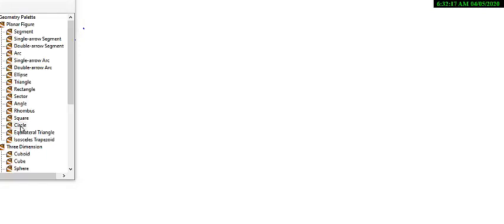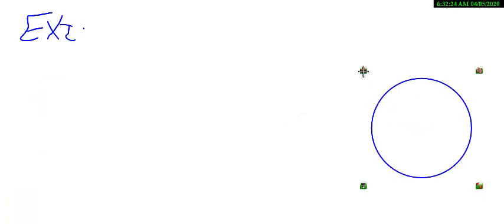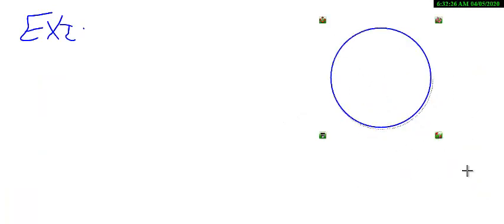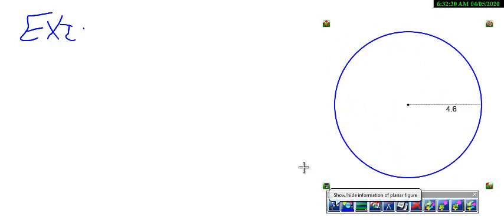I'm going to draw a circle here. This circle has specific information, so I'm going to highlight it. It has 4.6 as a radius.